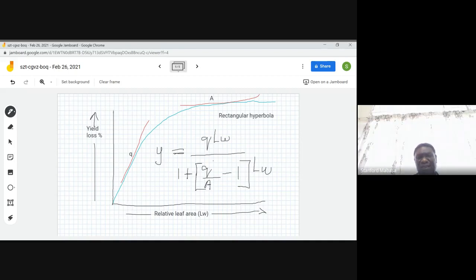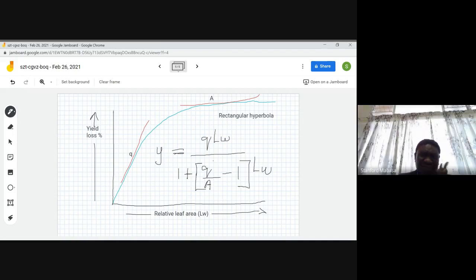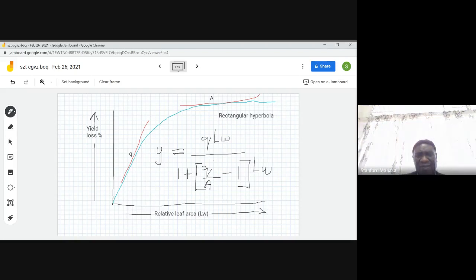But of course, measuring leaf area is probably the drawback. So they also suggested that you could actually estimate what they called relative cover as a substitute for leaf area.